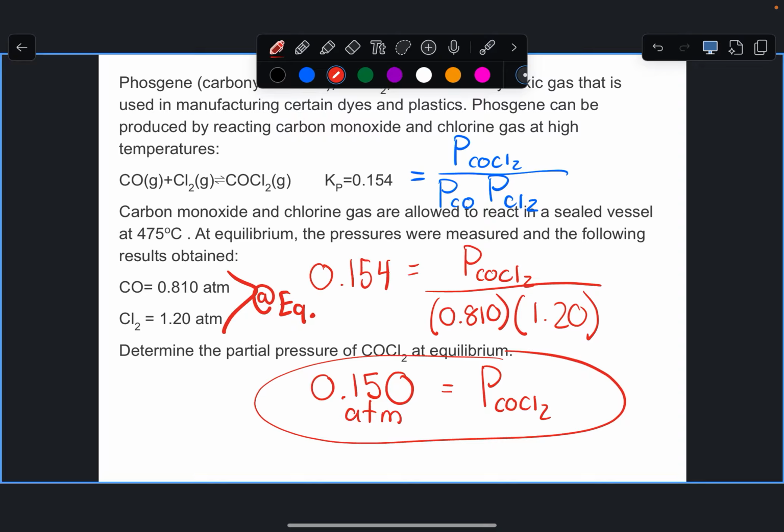Because like in this one, it says carbon monoxide and chlorine gas are allowed to react. So you have to first let them react and then get to the balance point. In this instance, the balance point is slightly reactant favored. Not a huge favor towards reactants, but reactant favored.